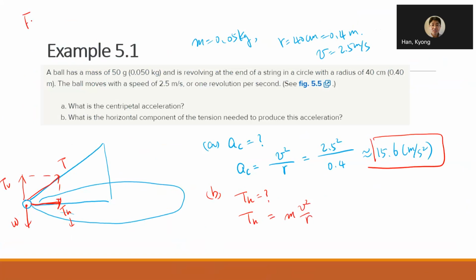F net equals m a. But for rotational motion, a equals v squared over r. That's centripetal acceleration. So for rotational motion, we can write F net equals m v squared over r. This is the formula for rotational motion.